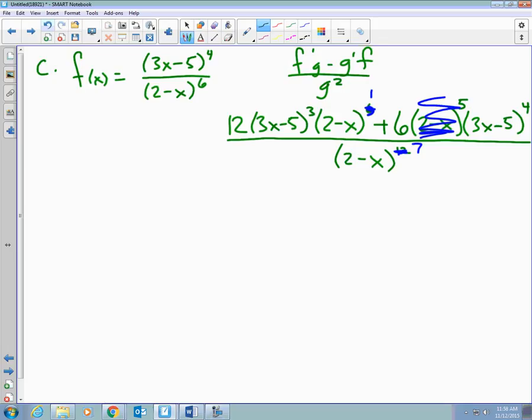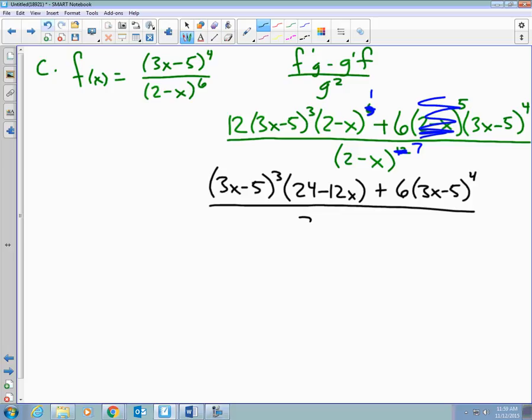Can I distribute the 12 to the 3x minus 5? Can I distribute the 12 to the 2 minus x? Yes. So I have 3x minus 5 to the third times 24 minus 12x plus 6 times 3x minus 5 to the fourth, all over 2 minus x to the 7th.